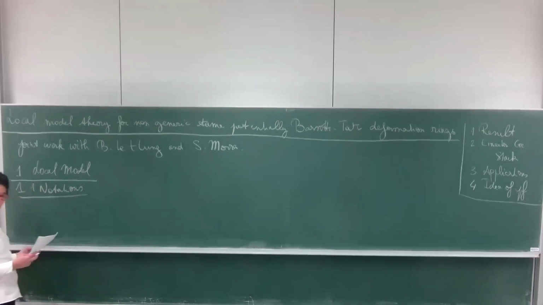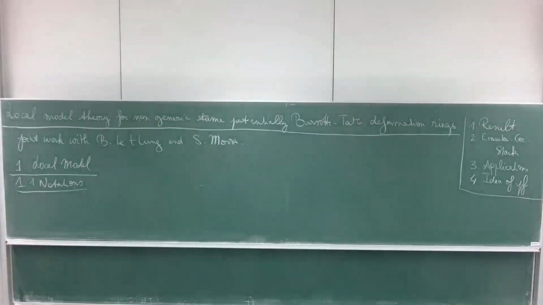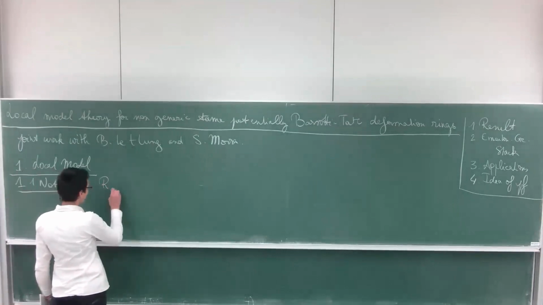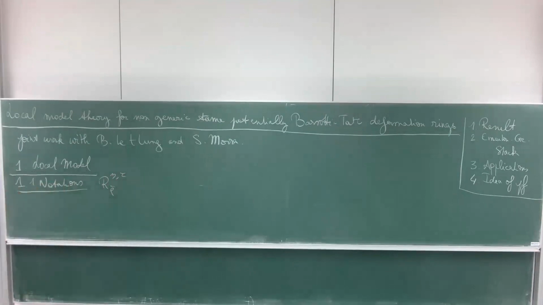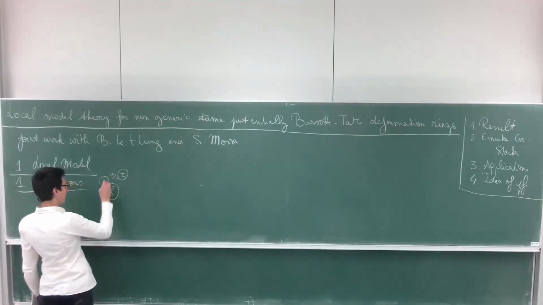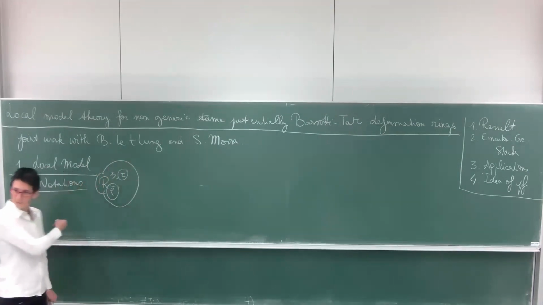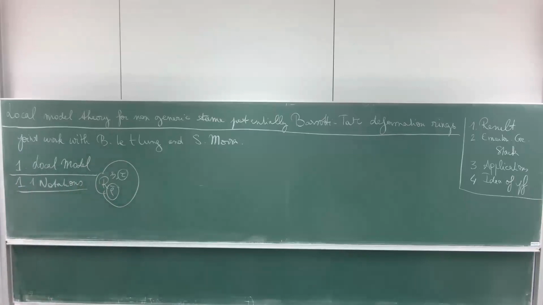Okay. So the main object in the whole story is this ring. First, I will define this object and this one, and I will say a few words on this one, and then I will define this one. You see, that's 3 parts. So p will be a prime big enough.